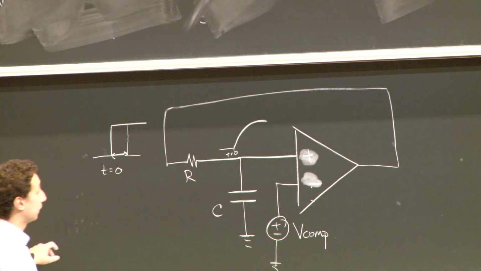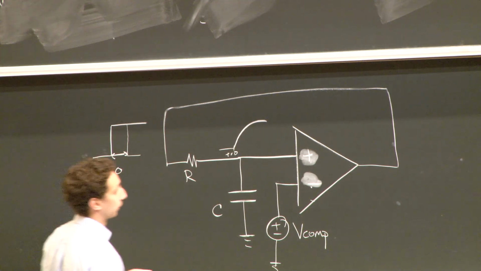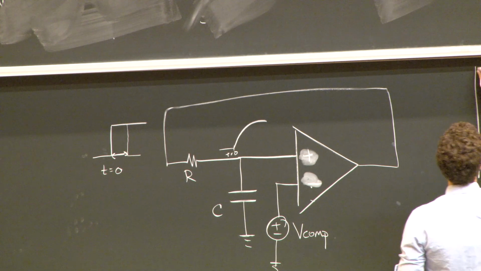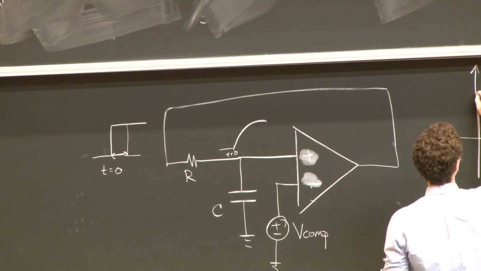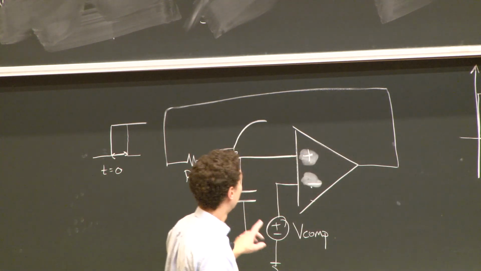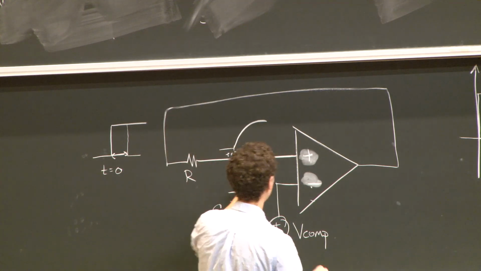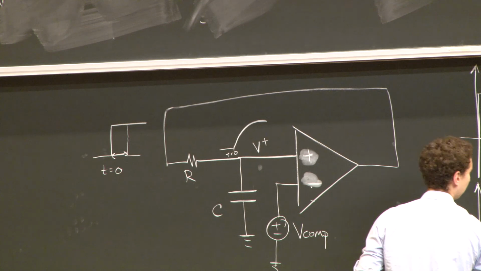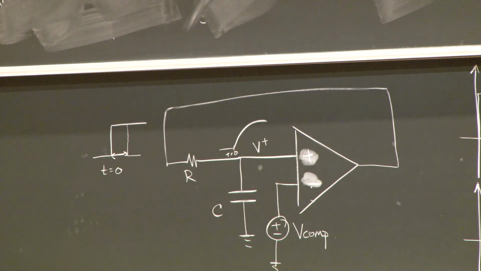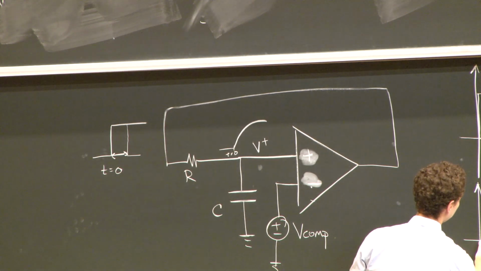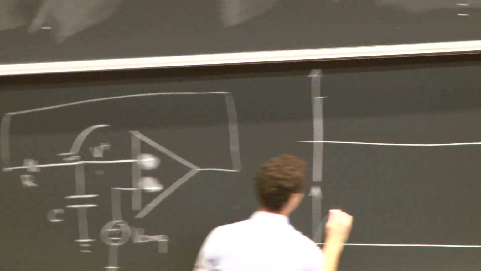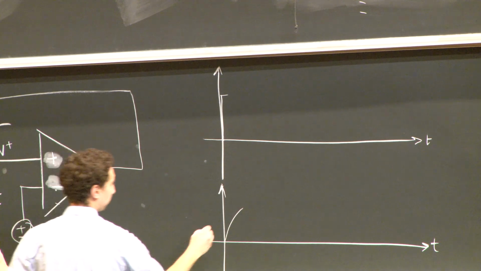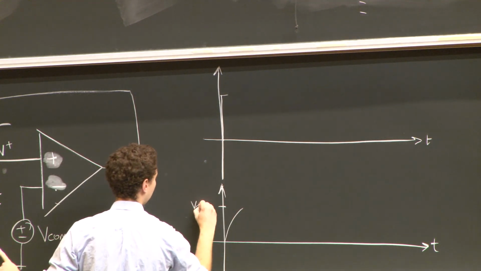So what's going to happen here is, at time t equals 0, we get, let's say we start at some high voltage. At time t equals 0, the voltage here, V plus at the positive terminal of my comparator, is going to increase slowly, right? At some point, I'm going to reach the comparator voltage. Let's say we get there right there.